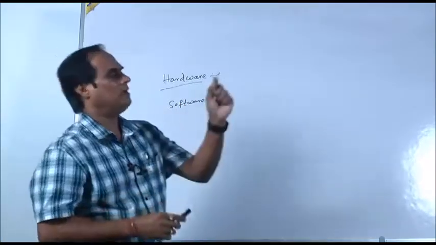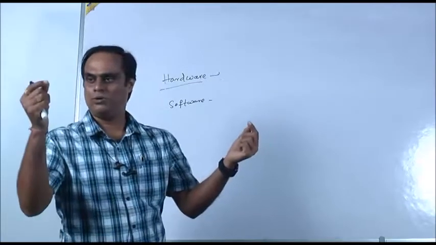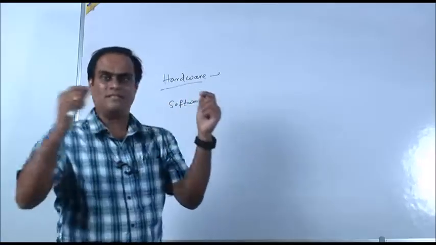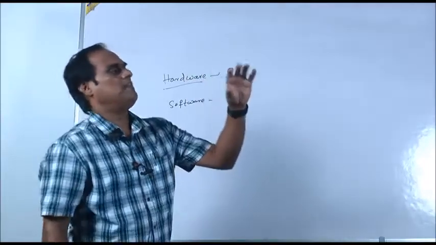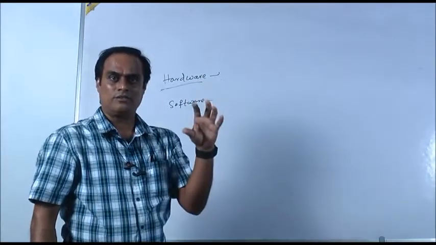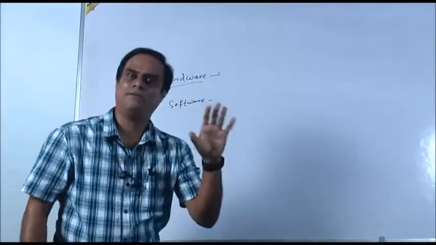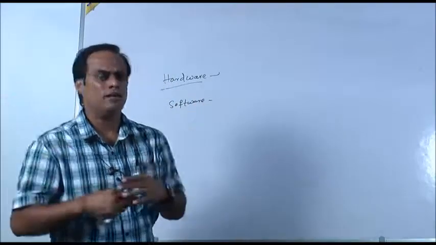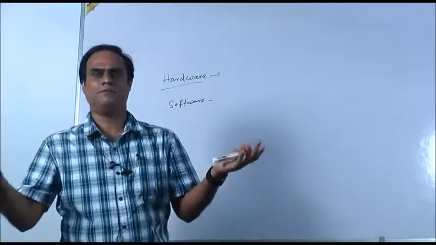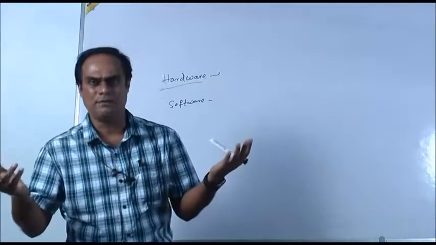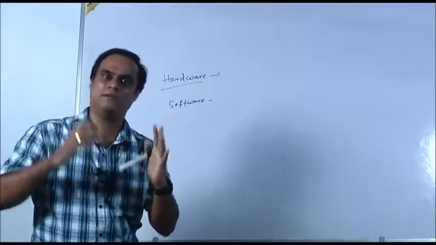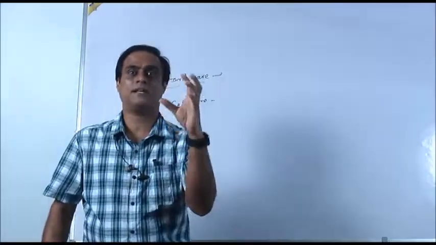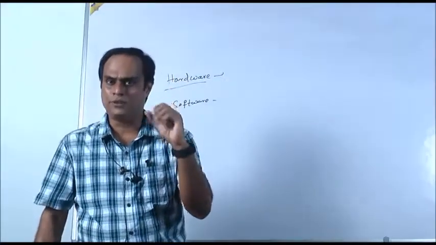You can say this is a keyboard, this is a mouse, this is a joystick, this is a printer, this is a monitor, that means physical existence is there. That is why we say these are the hardware devices. What is a keyboard? A keyboard is a hardware device. What is a printer? A printer is a hardware device. What is memory? It is a hardware device. These are the physical components of the computing system.